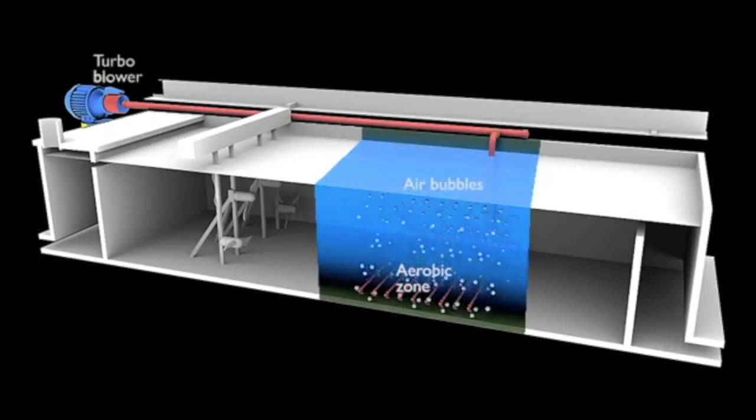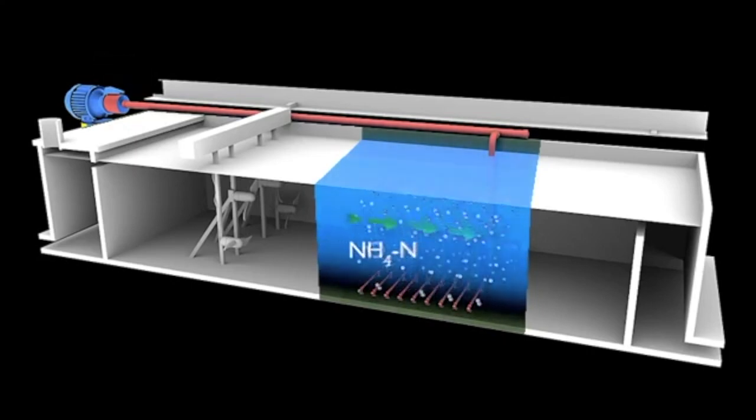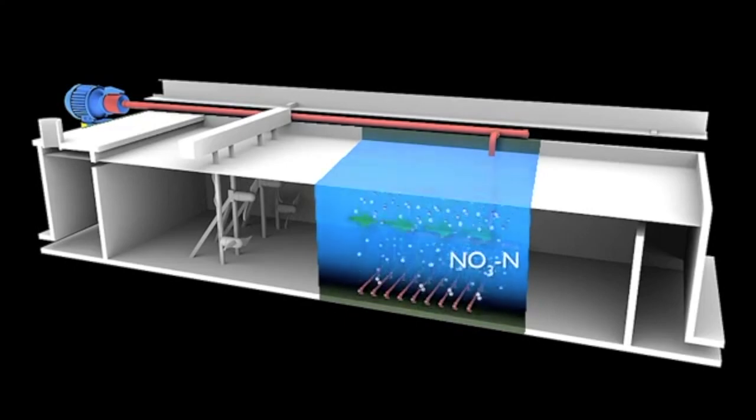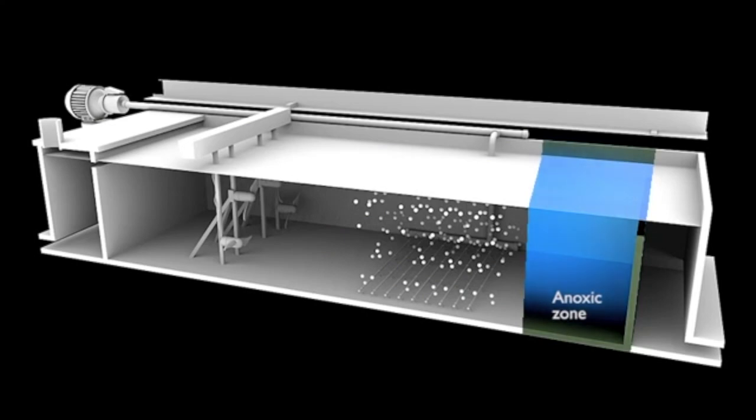A shortage of dissolved oxygen will kill the microorganisms, so the DO concentration in the aeration tank must be properly controlled. A DO analyzer is used to continuously measure the DO concentration.